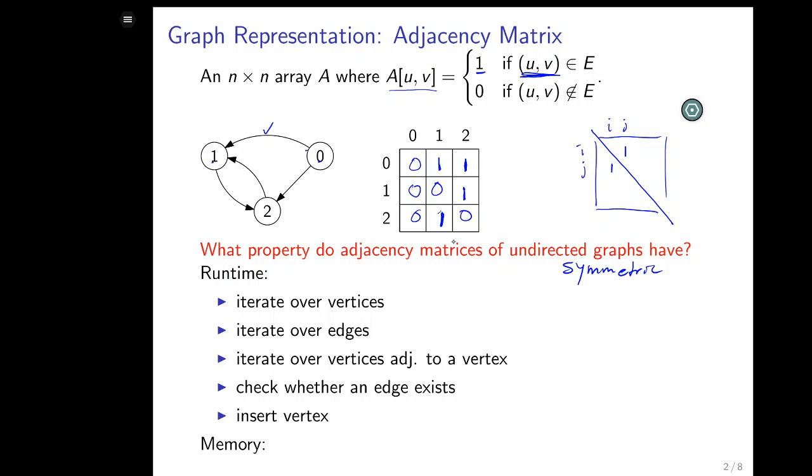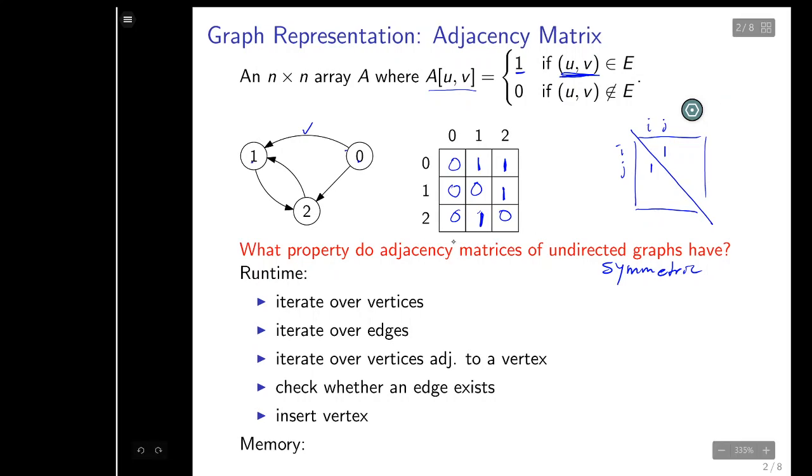Okay, how much time to iterate over the vertices? Iterating over the vertices means I have a for loop that wants to visit all the vertices and check that they're doing okay, or do something on them like print them. How much time will that take in this representation? Yeah, the number of vertices. Let me tell you the parameters.